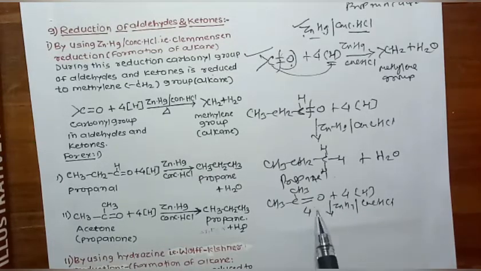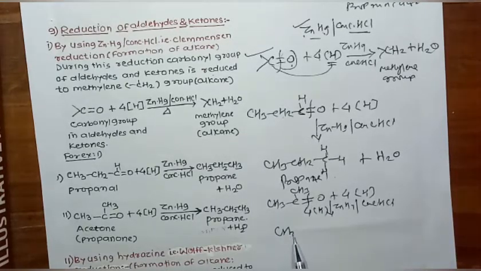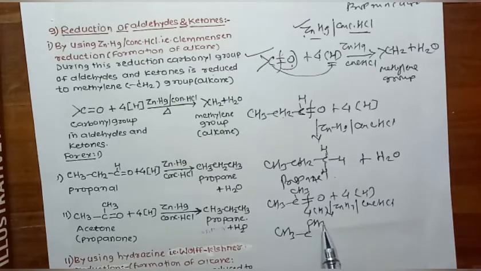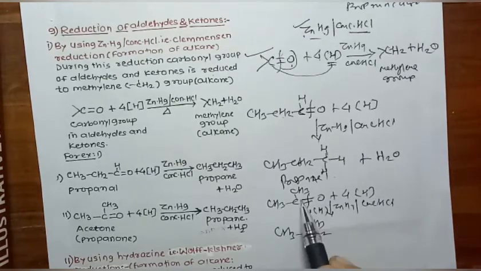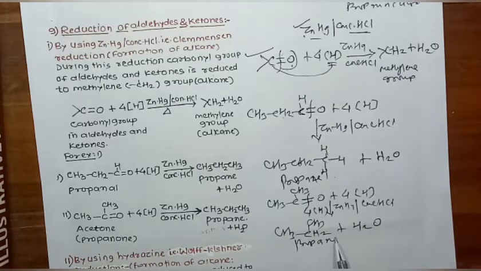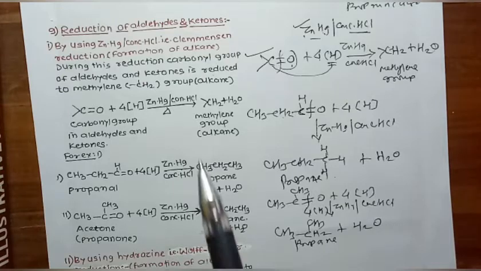That is the reducing agent. 4 hydrogen atoms will be required here, and the bond between this carbon and oxygen breaks, and here CH3. This carbon atom is attached to two hydrogen atoms, plus H2O. Again it is propane. In this way we can convert aldehydes and ketones into alkanes by using this Clemmensen reduction.